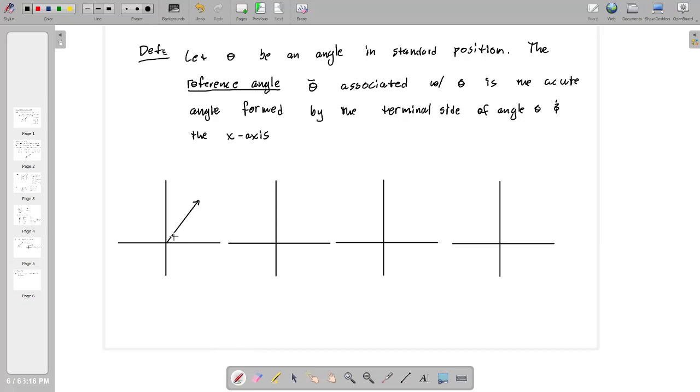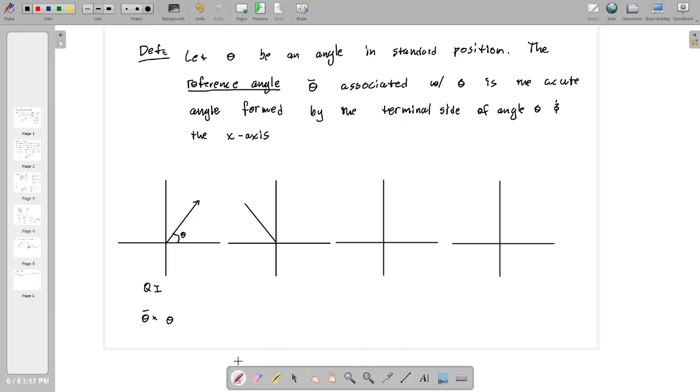Then we have this angle here, theta. Now, an acute angle, remember, is less than 90 degrees. So the angle that's formed from the terminal side of angle theta and the x-axis would be this angle here. So in quadrant 1, theta bar is equal to theta. Now, if we're in quadrant 2, it's a little bit different.